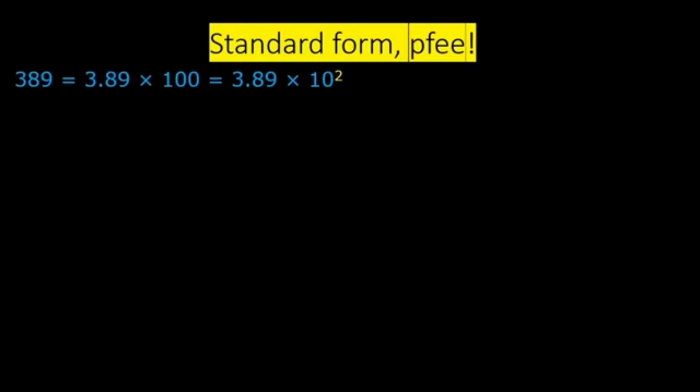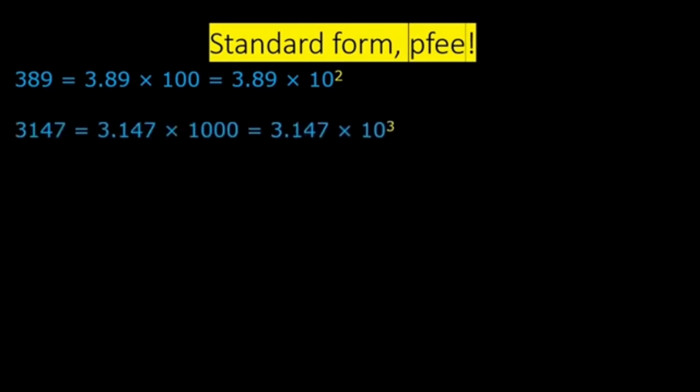Here you can see that we can also first convert a number and see the number which we multiply it by. For example, 389 can be rewritten as 3.89 times 100, which gives you 3.89 times 10 to the power 2. Because we said to write a number in standard form, we just write the number of zeros as the power or the index.